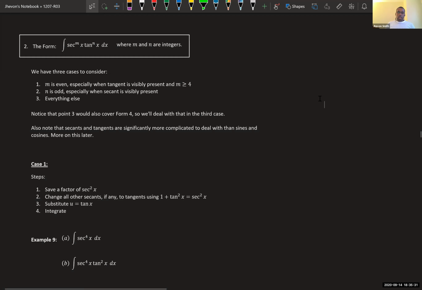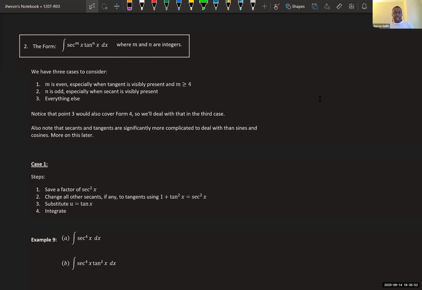Let's say we want to learn how to integrate things that look like secant to the m of x times tangent to the n of x, where m and n are integers. Once I teach you all the strategies for integers, you can pick up on them and apply them to non-integer cases.